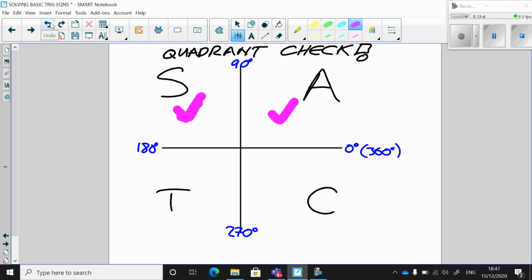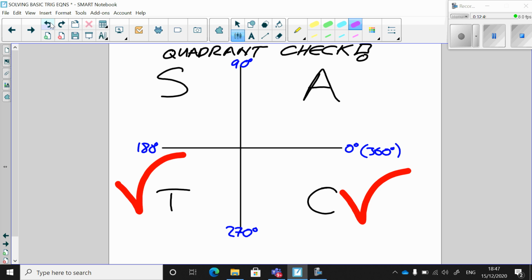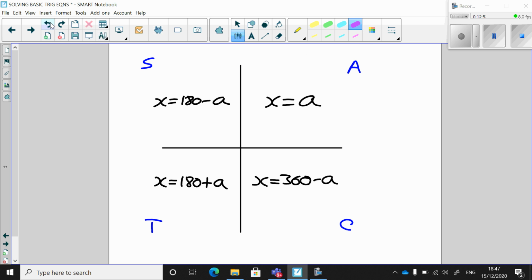But we don't want to know where they're positive, we want to know where they're negative. So it must be the other two quadrants, tan and cosine. Right? I won't rattle through every single one of them, but hopefully you get the gist.